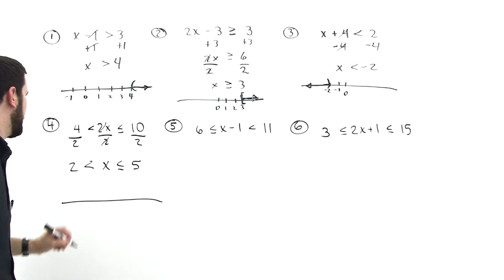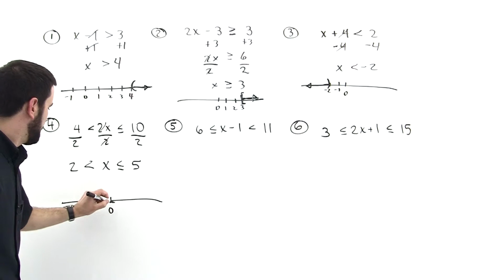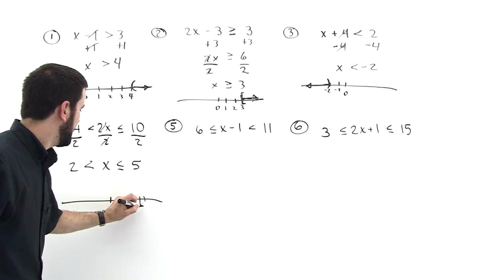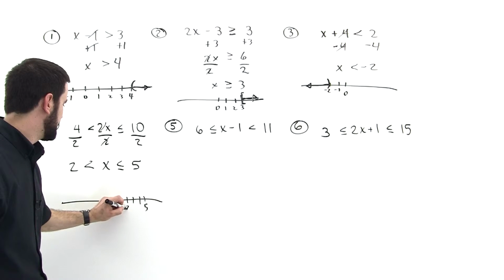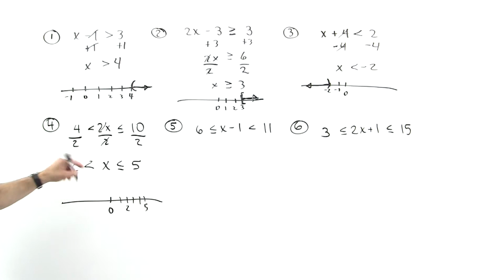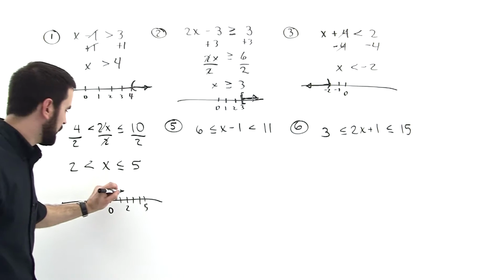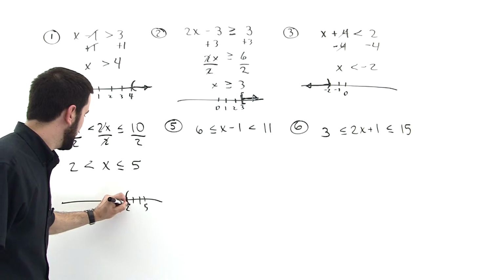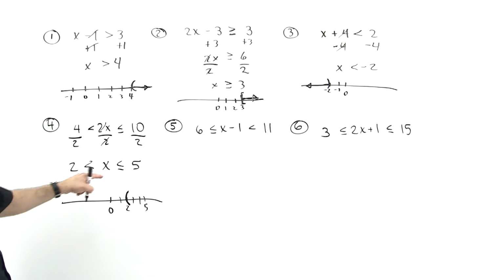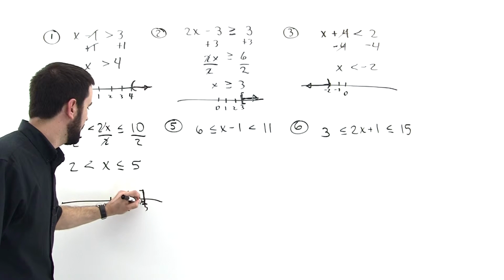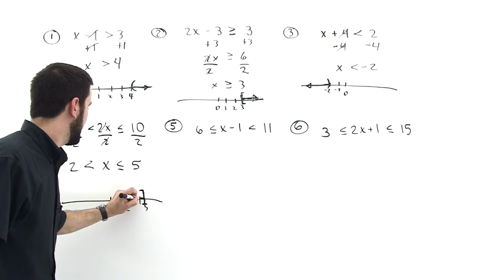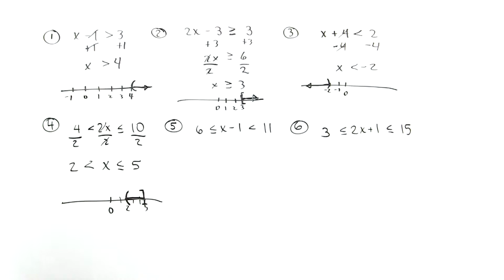On our number line, here's 5, and here's the 2. It's greater than 2 but not equal to 2, so that's an open parenthesis, but less than or equal to 5, so that's a closed bracket. Everything in between is colored in.